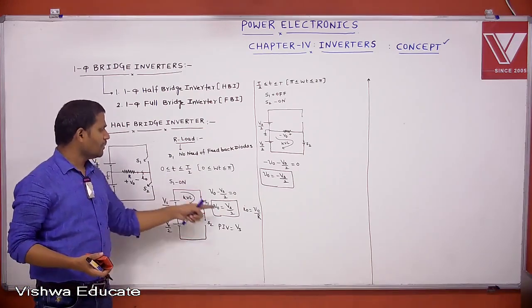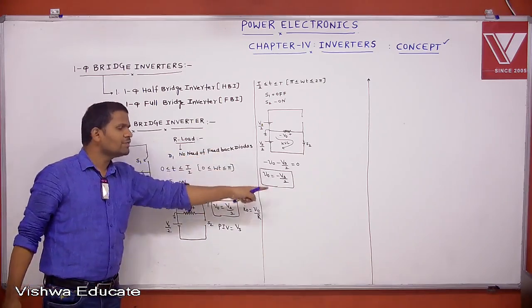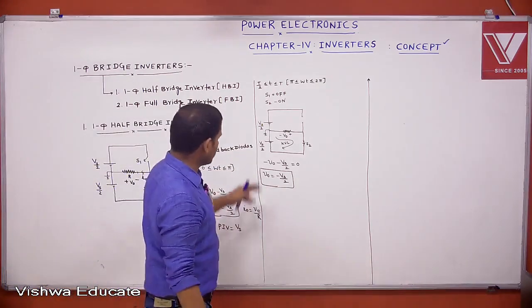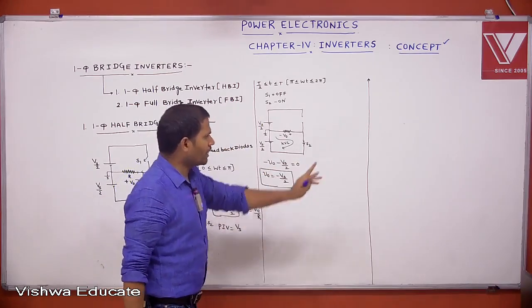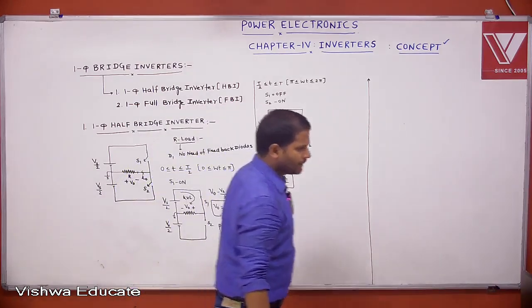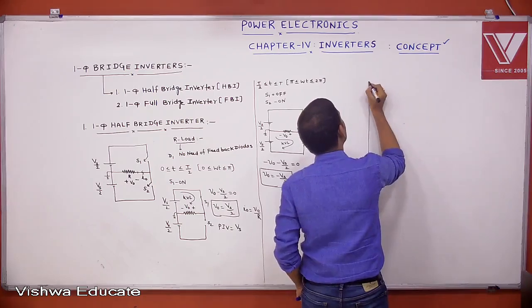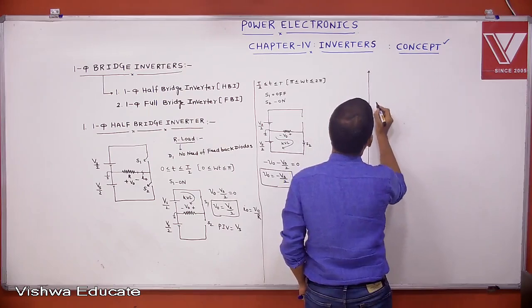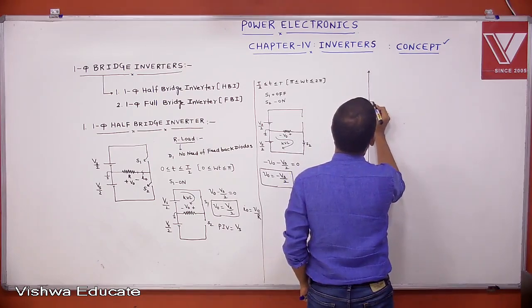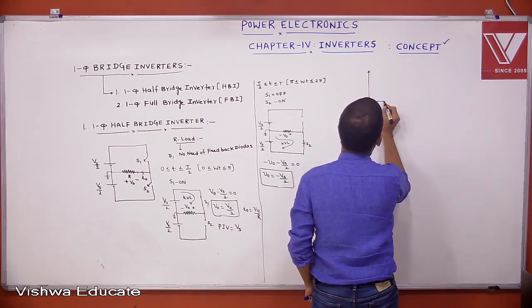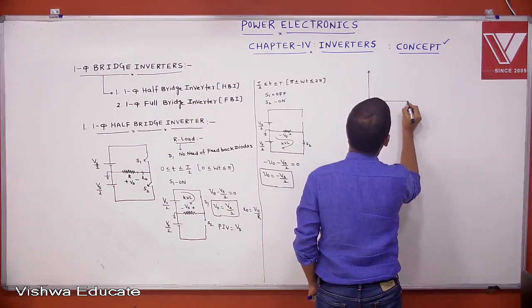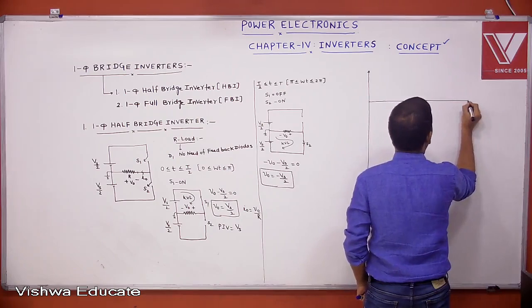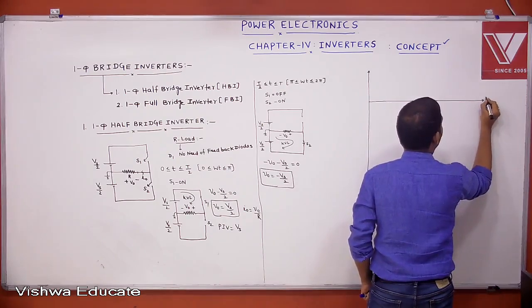If S1 is on, plus Vs by 2. If S2 is on, minus Vs by 2. Note this one, then I will draw the waveforms. This I am drawing for R load.